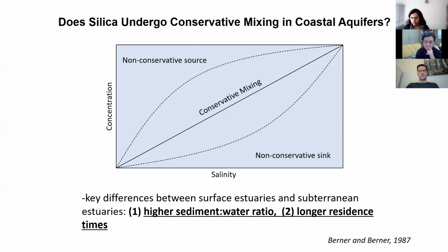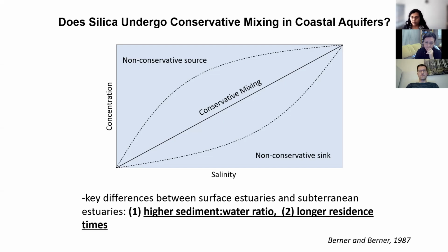To refresh, if mixing occurs with no non-conservative source or sink, you should get a straight line between your fresh and your marine endmember. However, if you see mixing curves that dip below that conservative mixing line, you know that you have a non-conservative sink of that element.